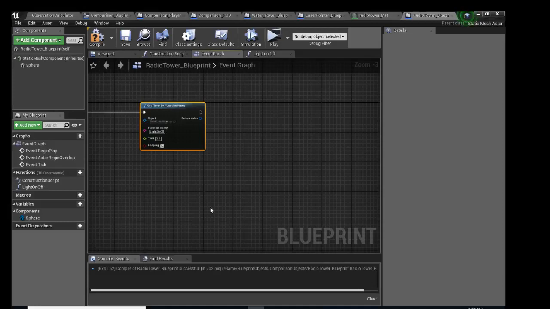Actually, let's try using a timeline. I have to kind of refresh myself on how to use them anyway.